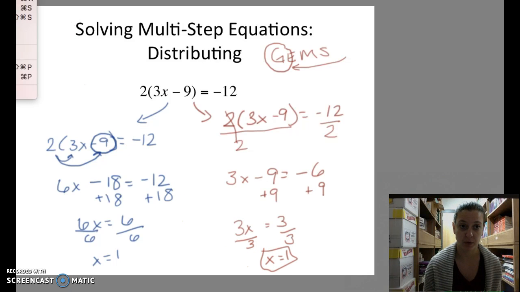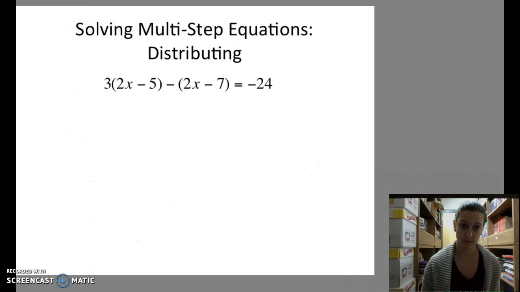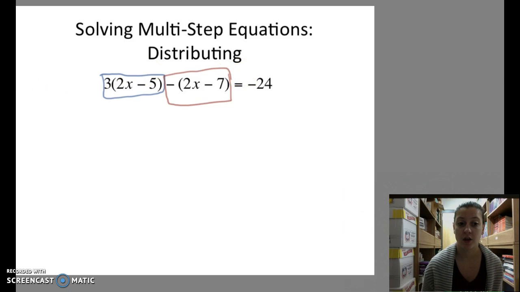Last slide where we're going to put it all together. Okay. Here, we're distributing into 2 groups. We've got this group here, and we've got this group here. I'm going to write this out explicitly.